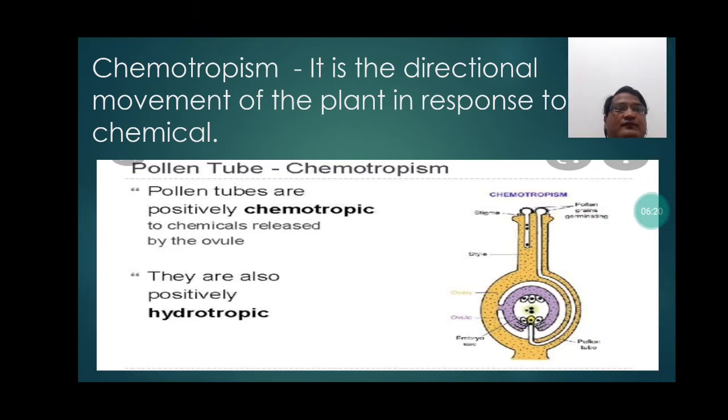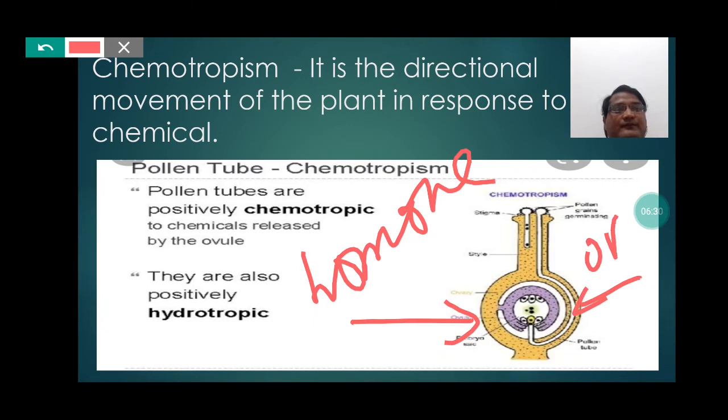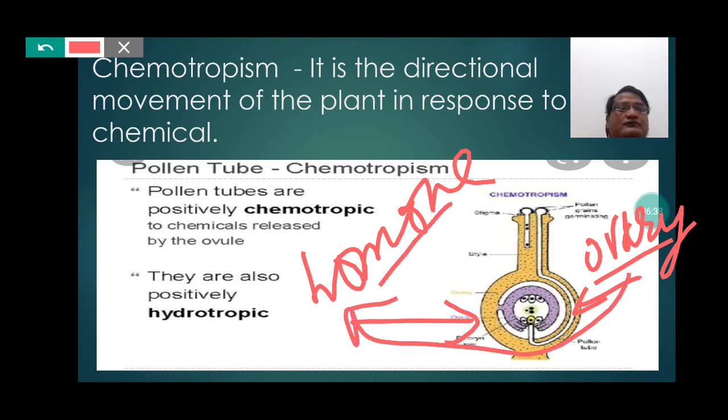Students, here we can easily notice that a particular type of hormone is secreted from the ovary. This is the ovary. So this ovary is secreting a specific type of hormone, and here you can notice the pollen grains growing towards the direction of the hormone secreted from the ovary.